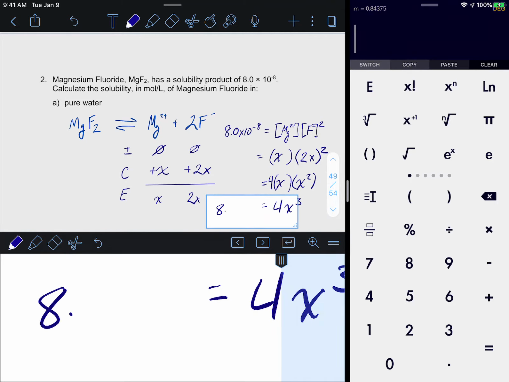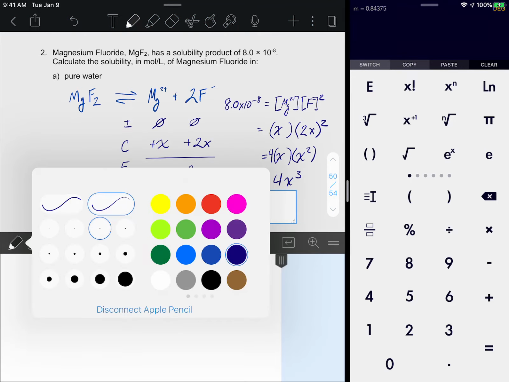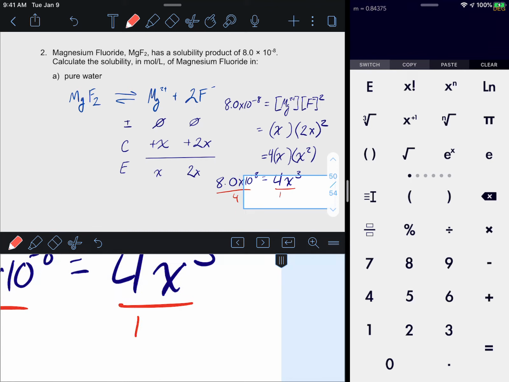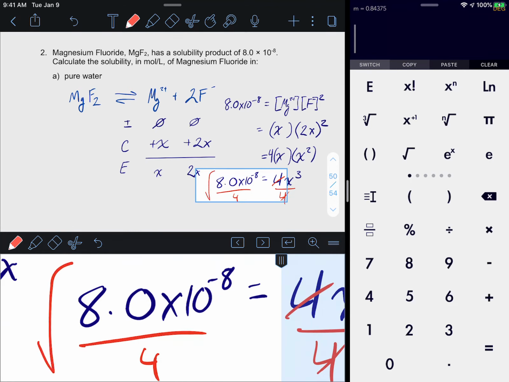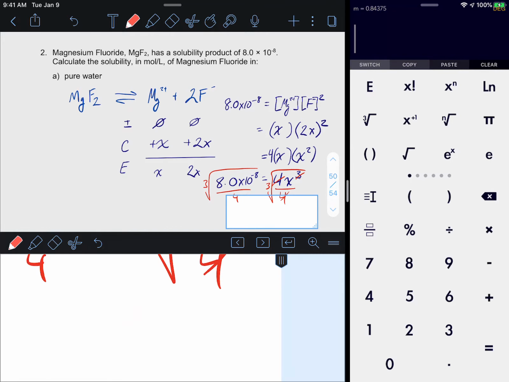This is still equal to 8.0 times 10 to the negative 8. So that means that I can divide away the 4 on both sides. And I can also cube root away the 3 to get rid of that.